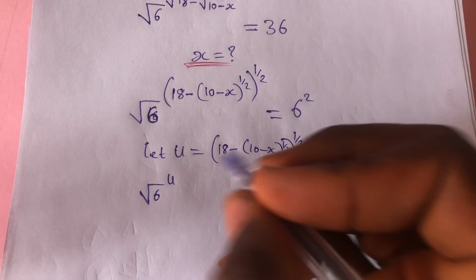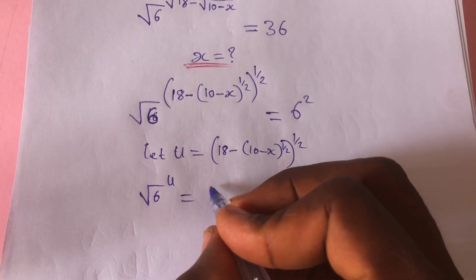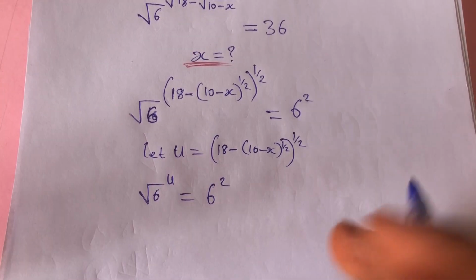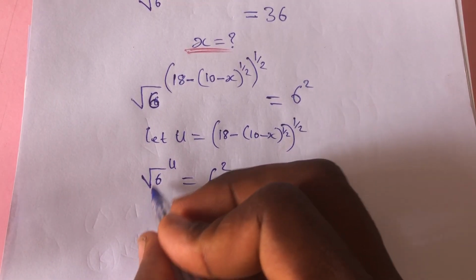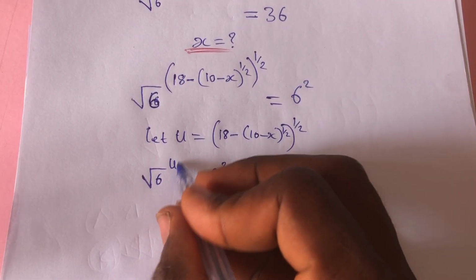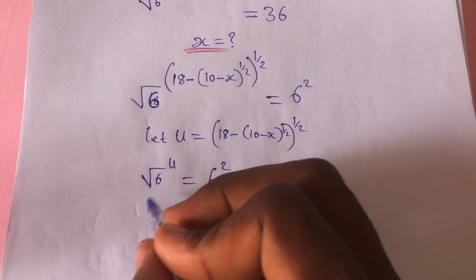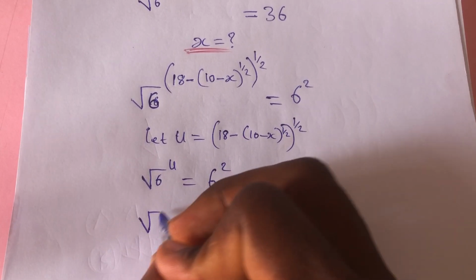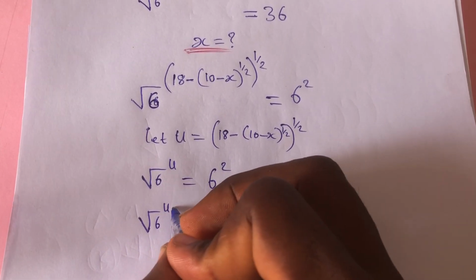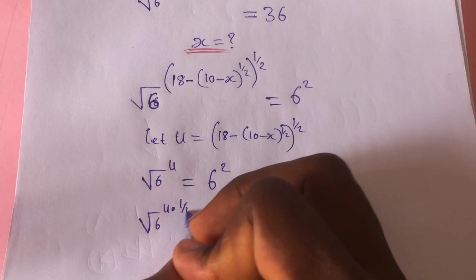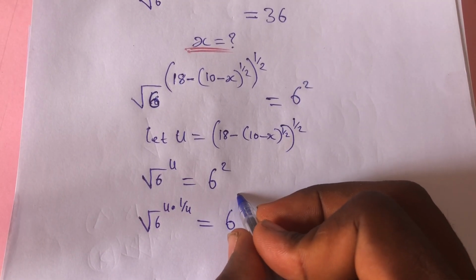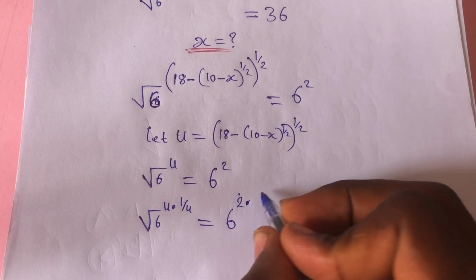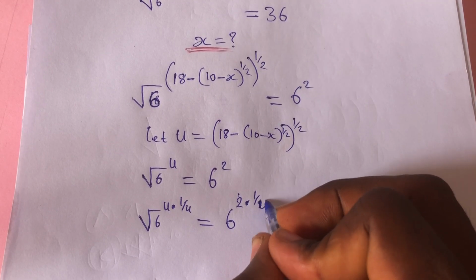6 raised to the power u is equal to 6 squared, and if we multiply the exponent by 1 over u, I'm saying 6 raised to the power u times 1 over u is equal to 6 raised to the power 2 times 1 over u.